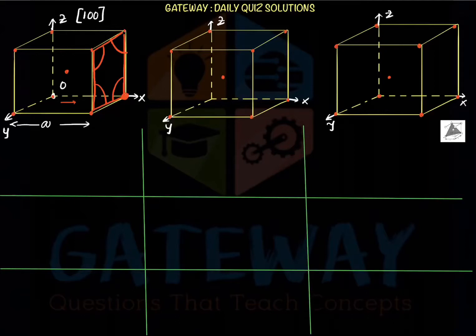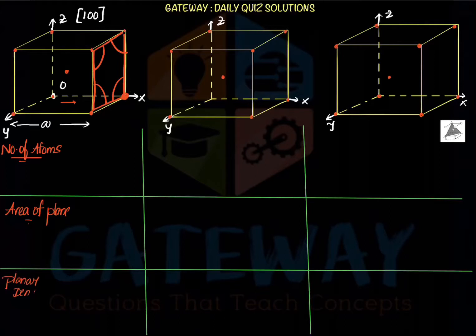First comes the number of atoms in the plane, next is the area of the plane, and then we will find the planar density in that plane.